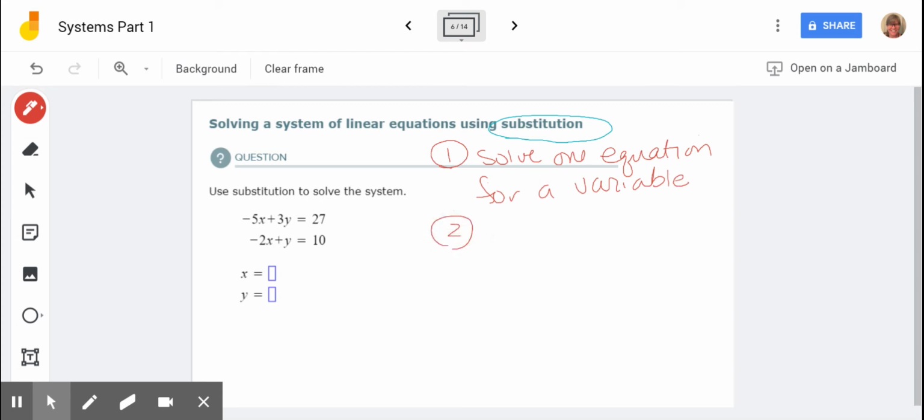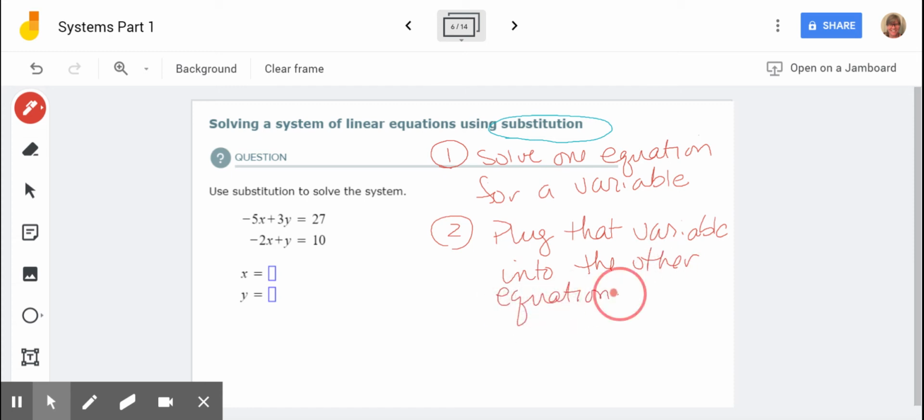Then plug that variable into the other equation. And then finally, solve for the last variable. Okay, so to follow these steps, basically what it's going to do.